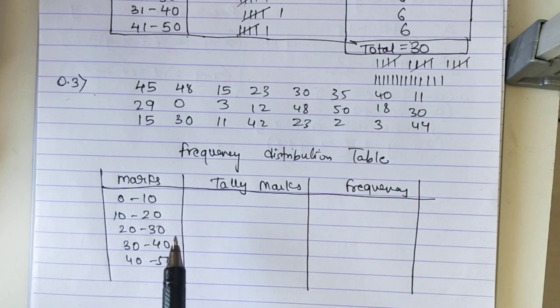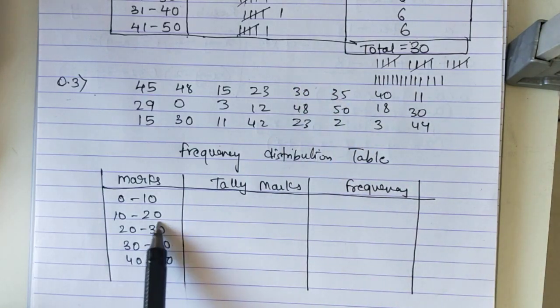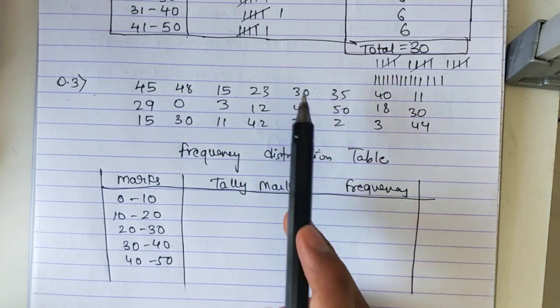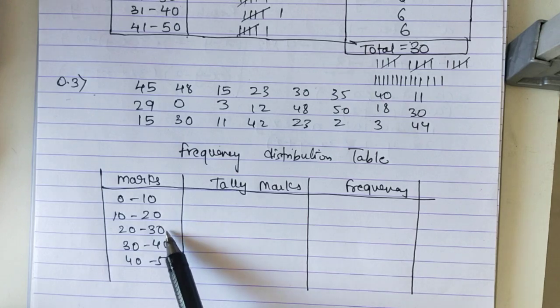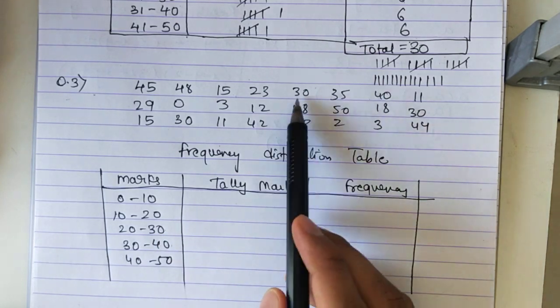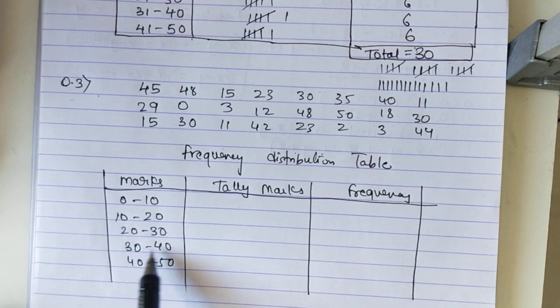So always remember, whenever you have such a number, this last number which gets repeated, you always take it in the second range. If there is 30, you will count this 30 in the range 30 to 40.